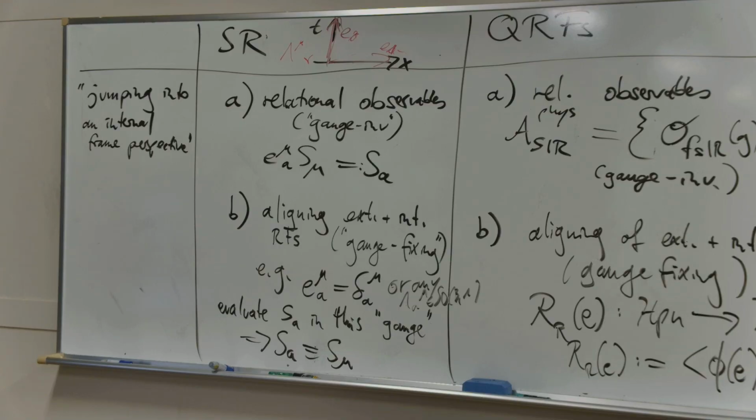And so what is this here? It's also a relation observable. This is the relation observable describing the 2 frames relative to one another.